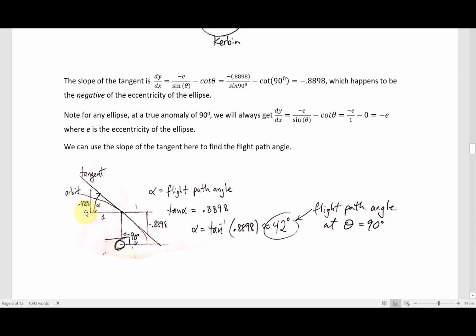This triangle has alpha, the flight path angle, right here. Taking the arctangent of that slope gives about 42 degrees, so that should match the pitch in the game at that instant.